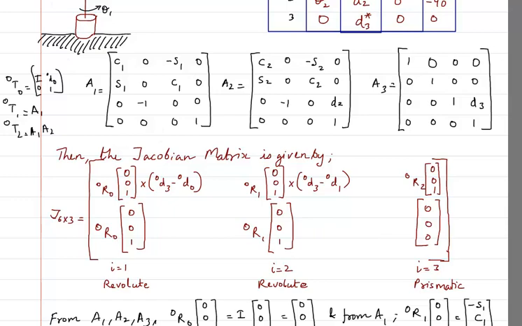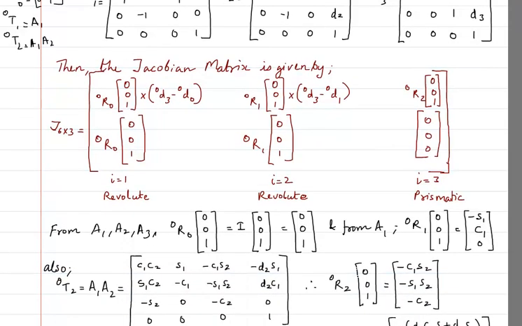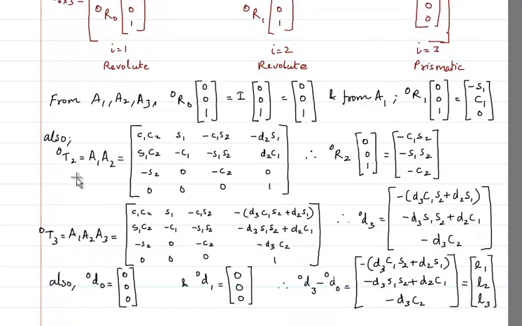Anyway, now based on that, if we come down, from 0T2 we will get 0r2, and when we multiply it, we get this one. Similarly, from 0T3 we will get 0d3. 0d3 is this portion, and we have written it here.